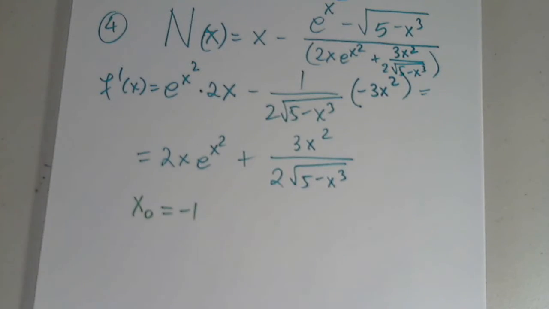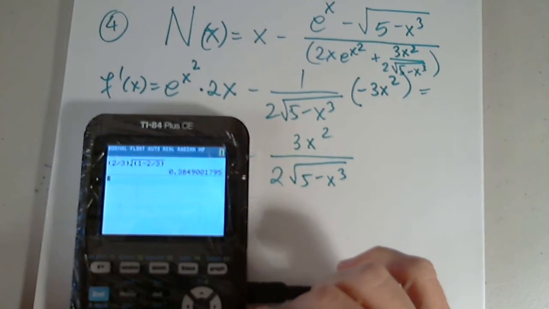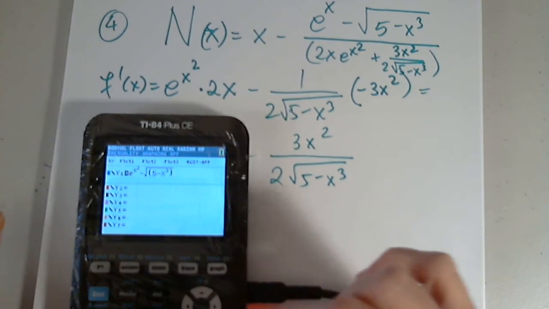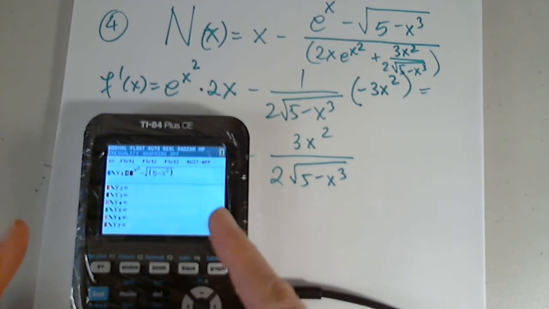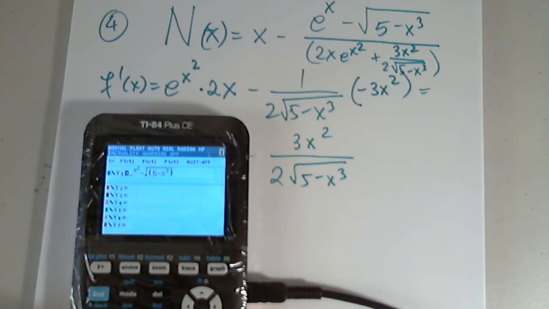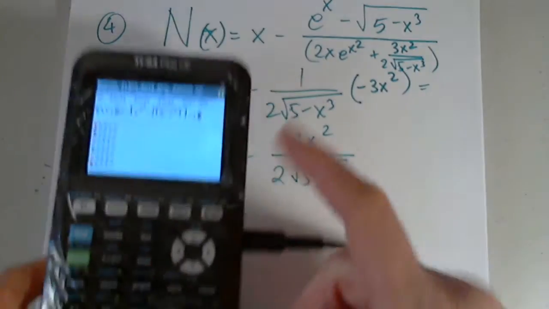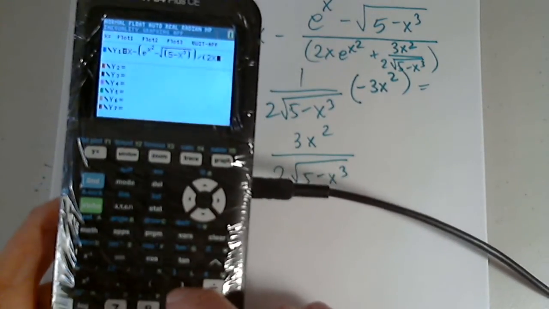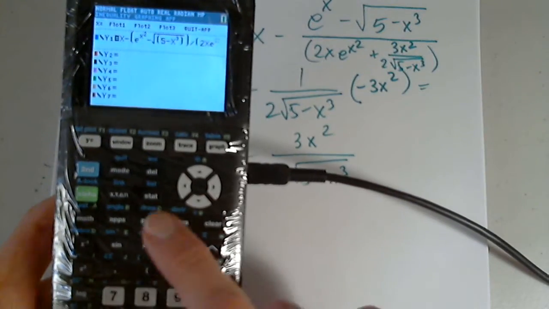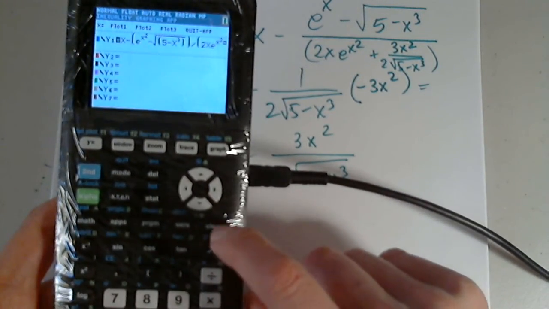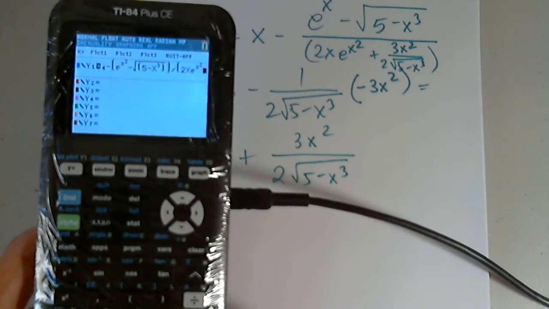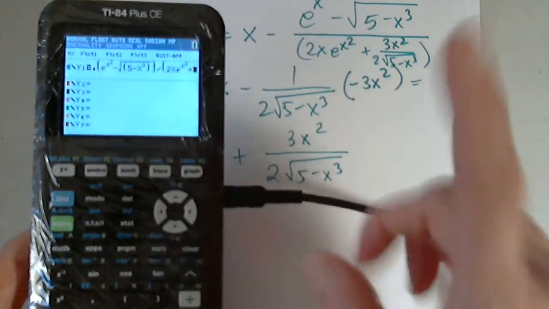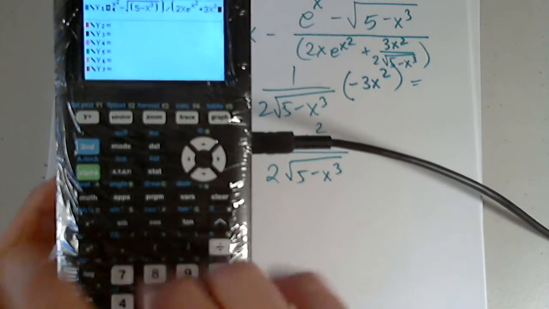So let's put Newton's function in the graphing calculator. Okay, don't erase what you have. Just enter, insert, and you have x minus, put parentheses around the top, all the way outside, and divide in parentheses. Now I have to be careful how I plug that in. 2x, and then e again, to power x squared, and then come down, plus. The numerator is a product, so it's okay if I do not put parentheses.